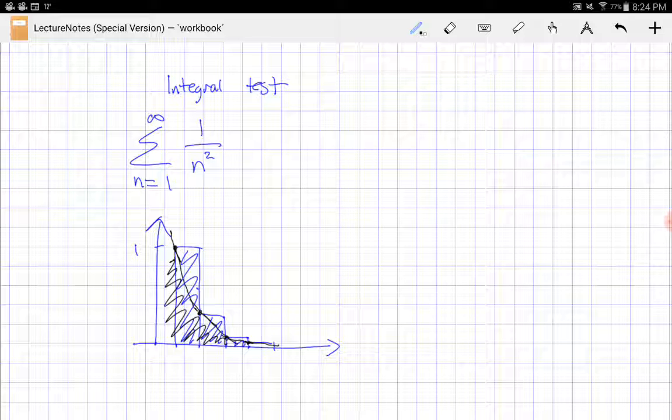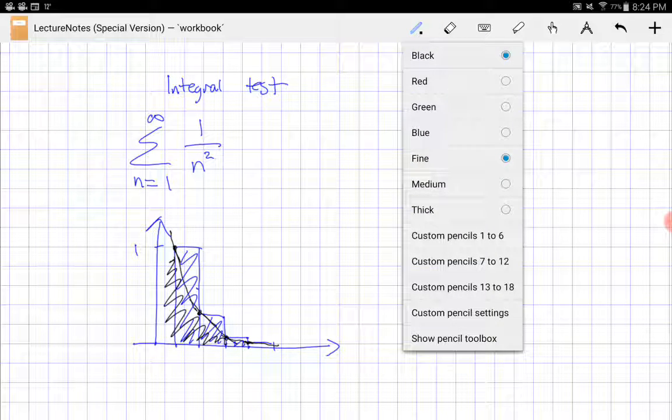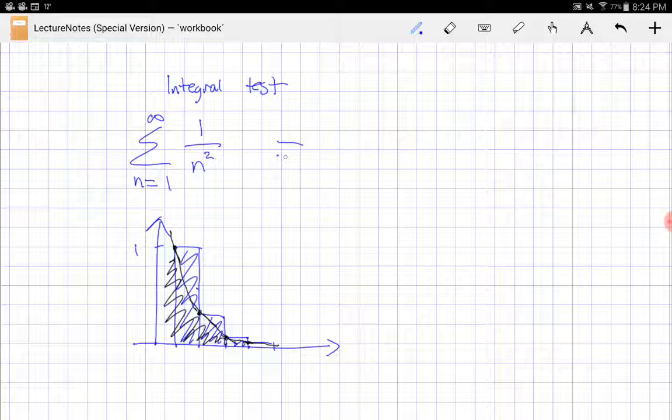And what this integral test basically says, and this is an if and only if statement, is that the integral from 1 to infinity of 1 over x squared dx, because we started our index at 1 and are going up to infinity. We have 1 over n squared, so we replace our n with x.